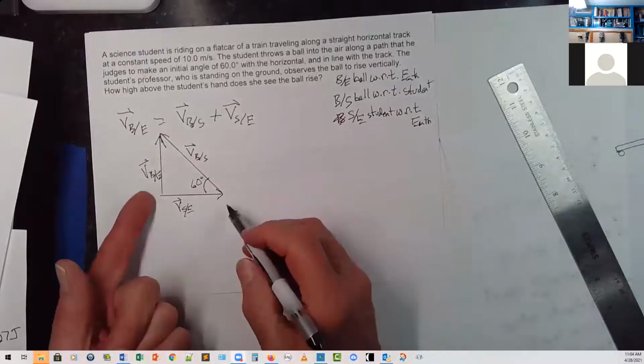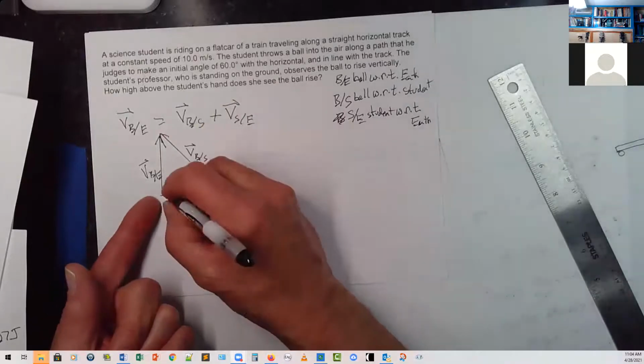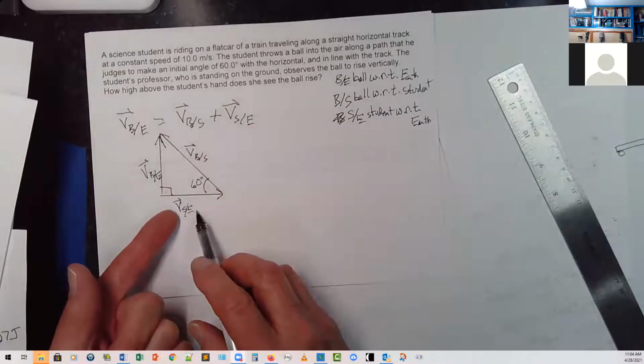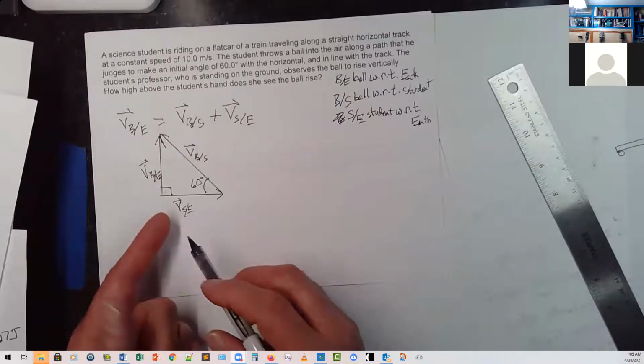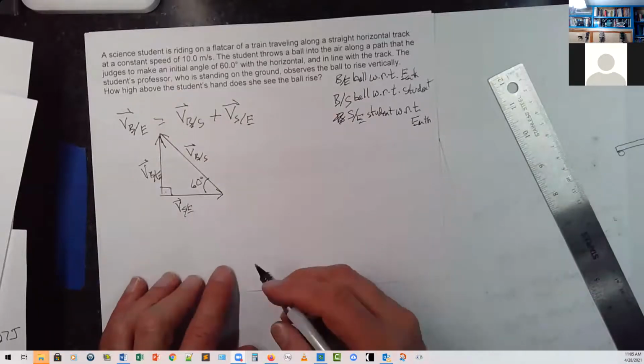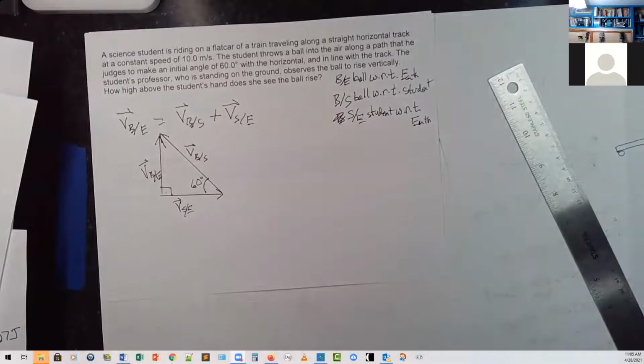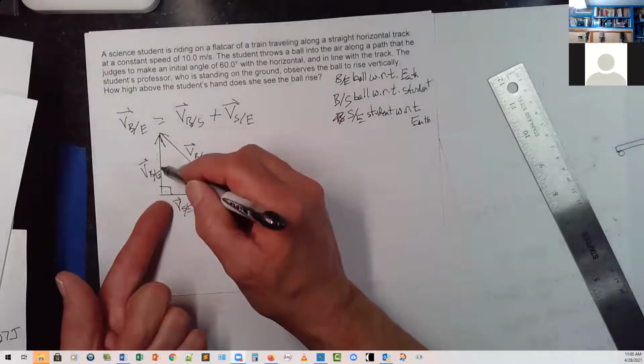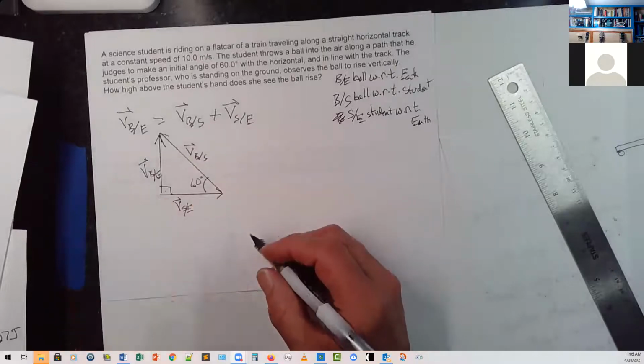In this triangle, we have a right angle down here, and we happen to know how big this side is. So from that, I should be able to figure out the velocity of the ball with respect to the Earth. This would be the initial velocity of the ball with respect to the Earth.